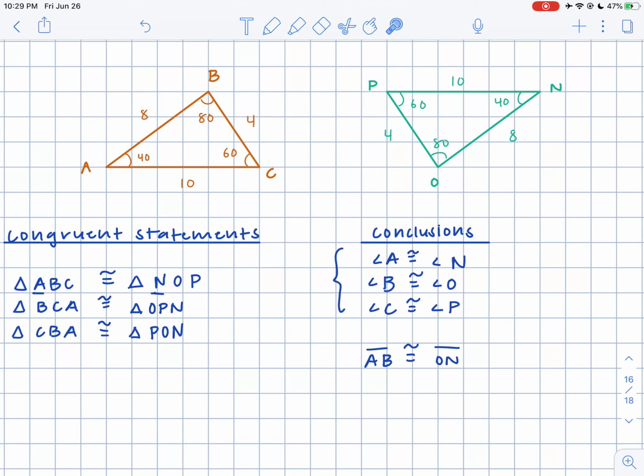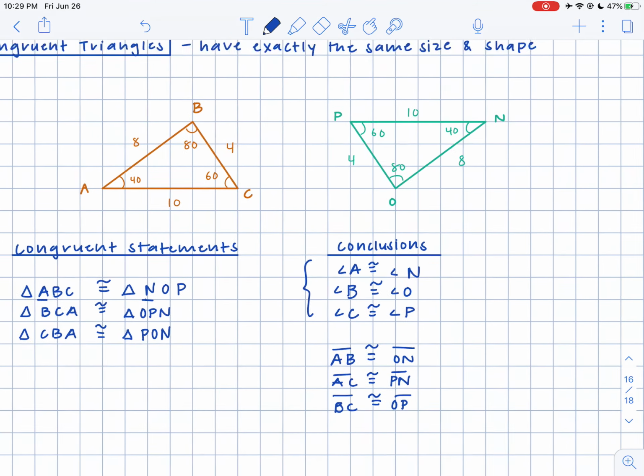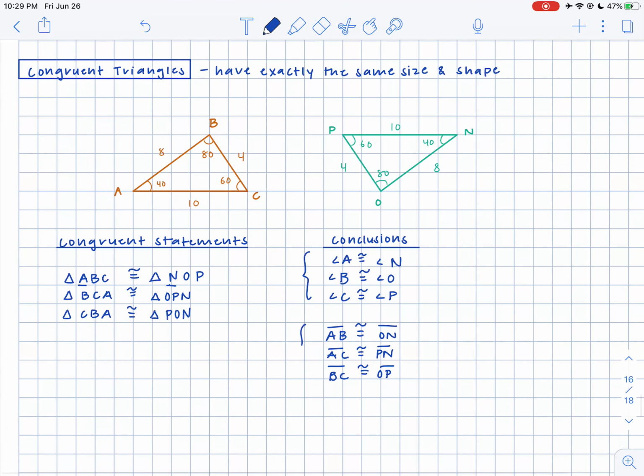Remember, for the triangles, they would have to correspond to each other. But here it wouldn't matter because you can label the segments multiple ways. What else? We see that segment AC is congruent to segment PN because they both have a measure of 10. We could say 10 centimeters. And lastly, segment BC is congruent to segment OP because they both have a measure of 4.